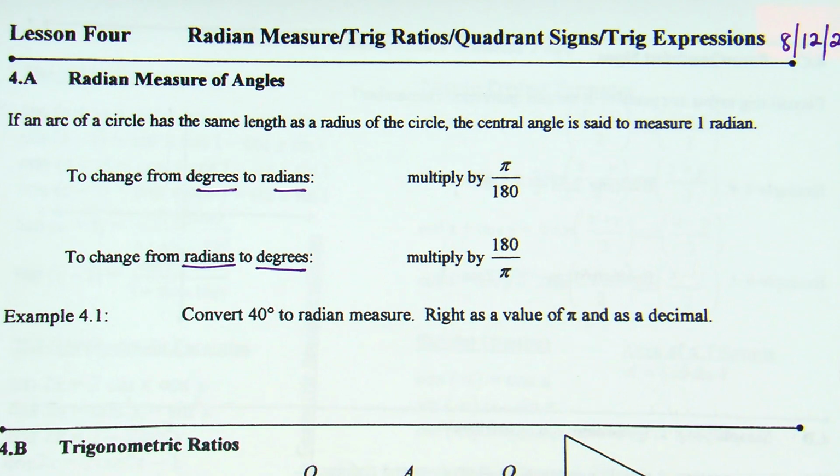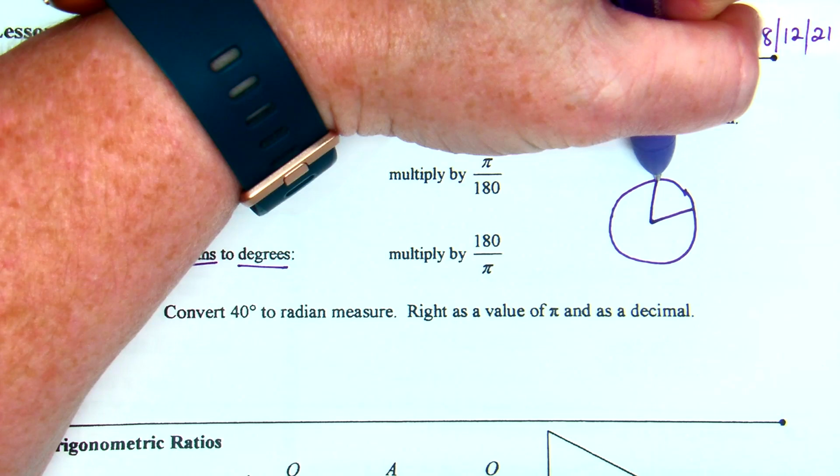I'm going to kind of put it in here just to explain a little bit about the whole idea of what a radian is. Notice it says the arc of a circle. So if we have the arc of a circle, from radius to radius, that arc of the circle has the same length as the radius of the circle. So basically, if all 3 of those are the same length, then that central angle measures 1 radian.